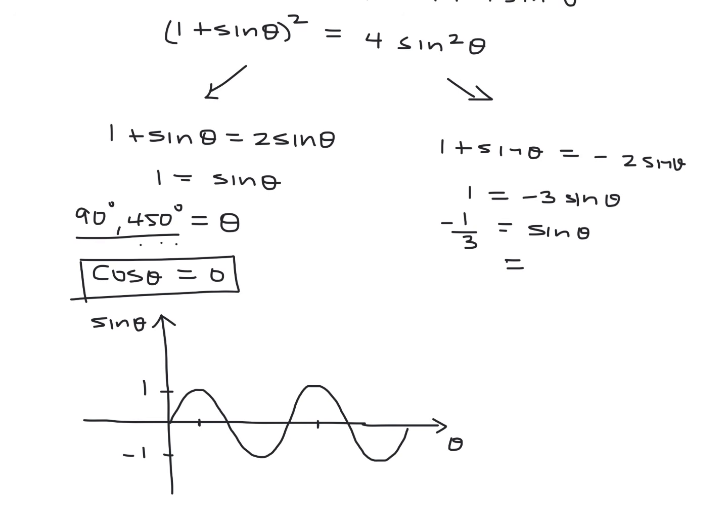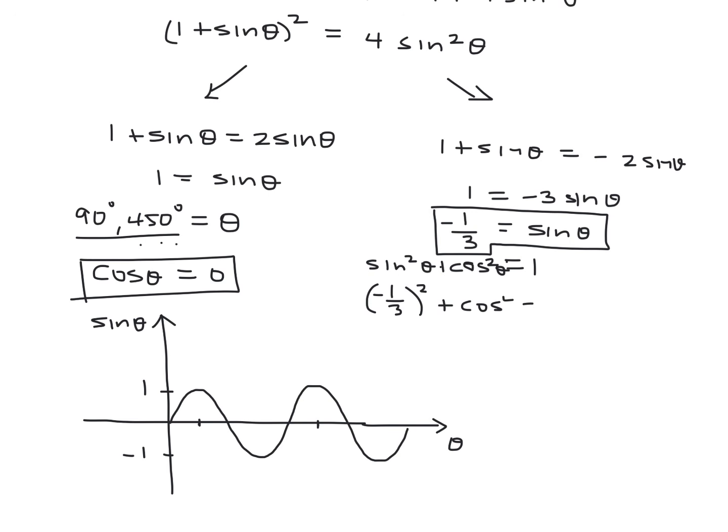So if the sine of theta is negative 1/3, again, we go back to that famous identity that cos squared theta plus sine squared theta is 1. So we'll plug this in here to see what we get. So sine squared theta is 1 over 9, so cos squared theta would therefore be 8 over 9, right?